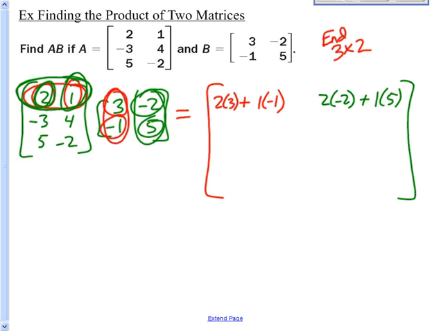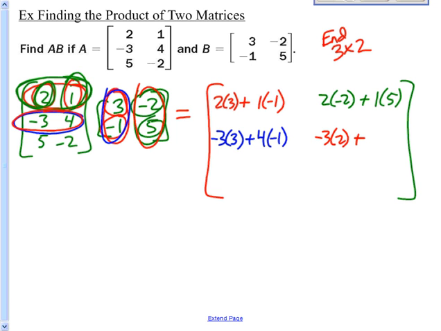Now we're going to go second row, first column. So negative 3 times 3 plus, don't forget the plus, 4 times negative 1. Now we're going to go second row, second column. Negative 3 times 2 plus 4 times 5.